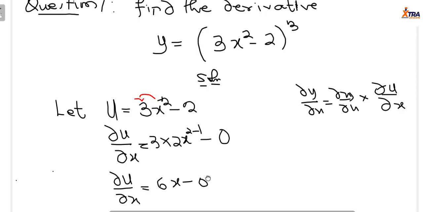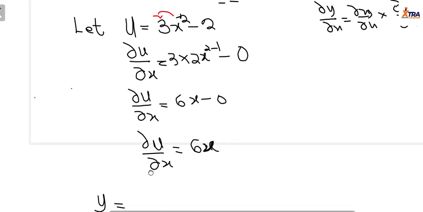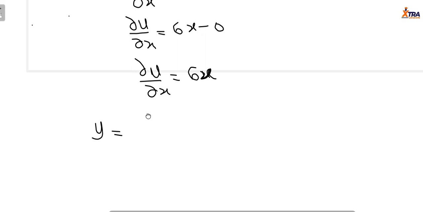So I have to replace the whole of this with u. So I'll be having y equals u raised to power 3. So y equals u raised to power 3. So I'll now differentiate y with respect to u. So I have dy over du equals 3u raised to power 3 minus 1.